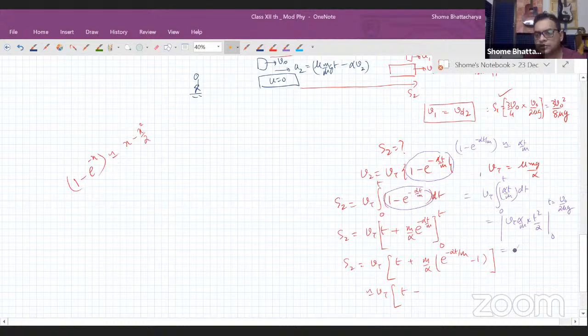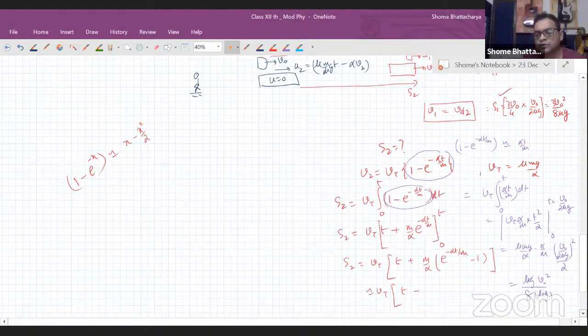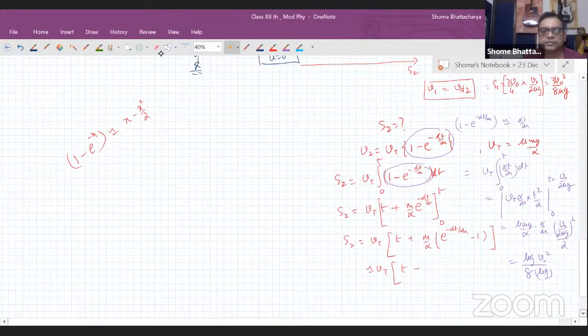So this becomes this kind of a term. So this becomes mu g into V naught square by 8, and this term will cancel out. Okay. So we will get the displacement of this one.